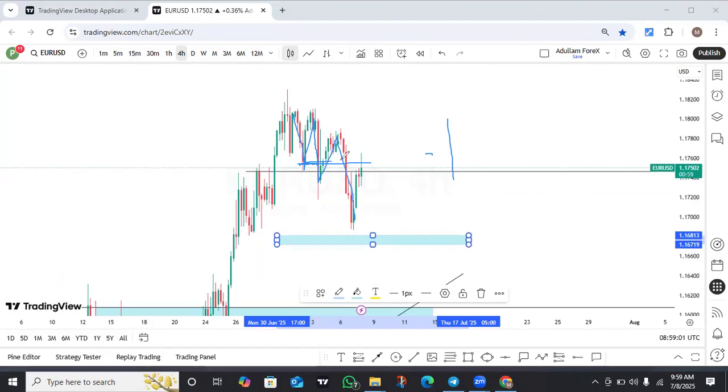So this is a potential SNRC2 right there. And also at the same zone, we have a lower low, and then we have a higher high. So it means that two setups are happening in the same zone.